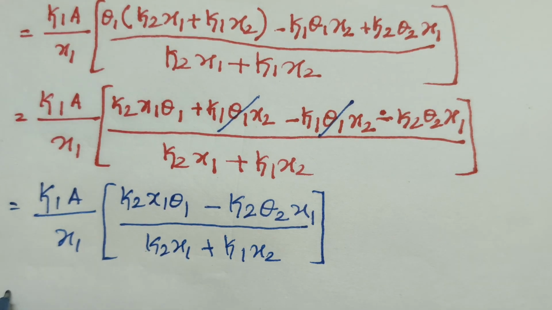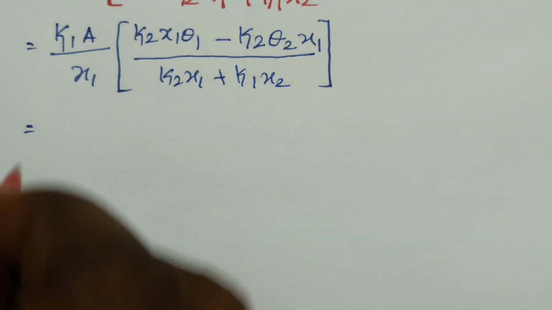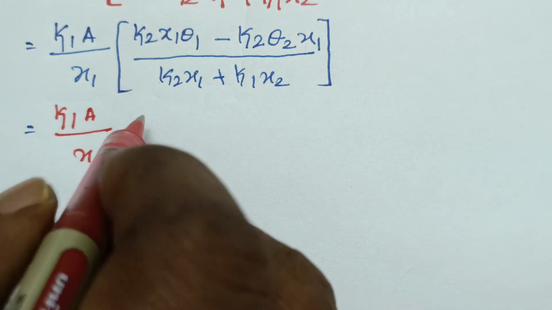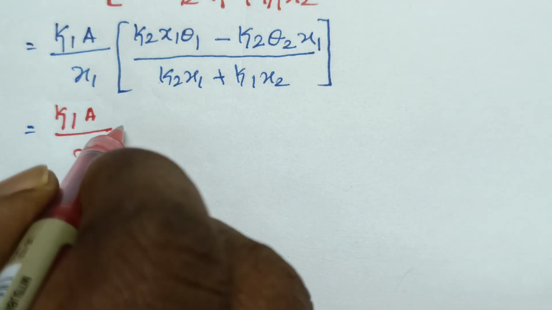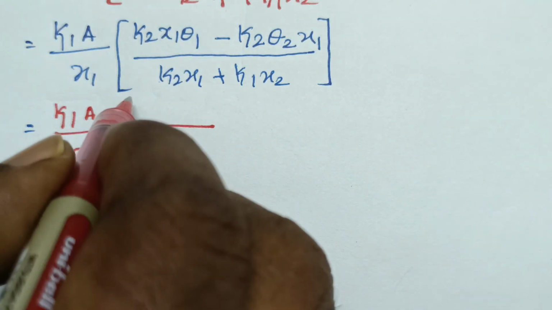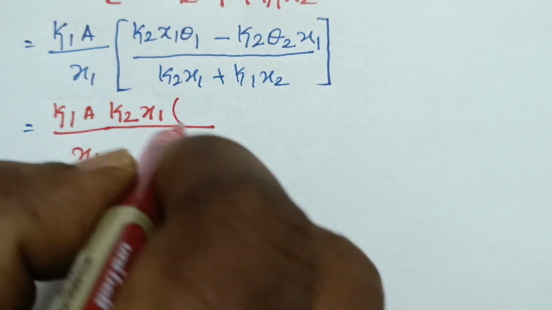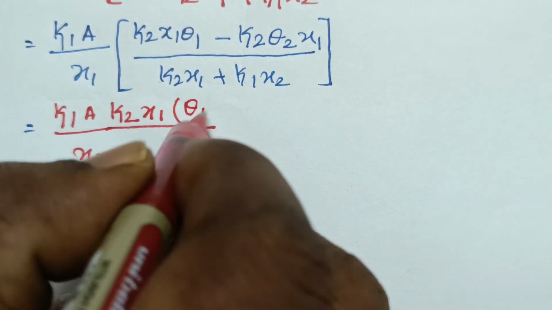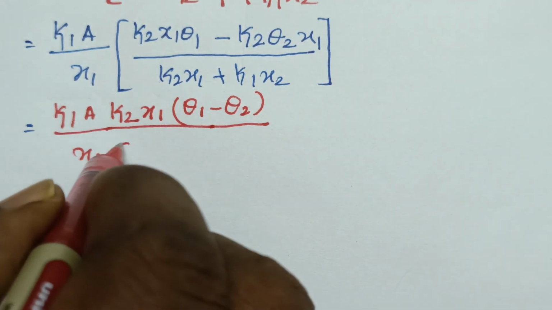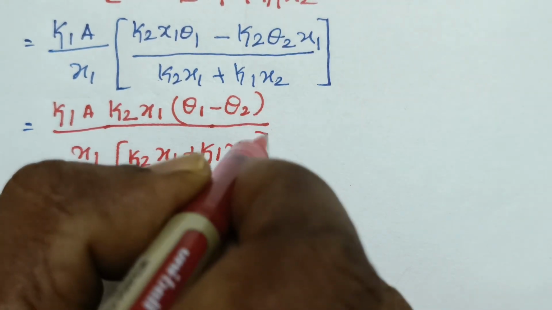Then you can simplify, K1 A by x1 into common K2 x1 into theta 1 minus theta 2 divided by K2 x1 plus K1 x2.